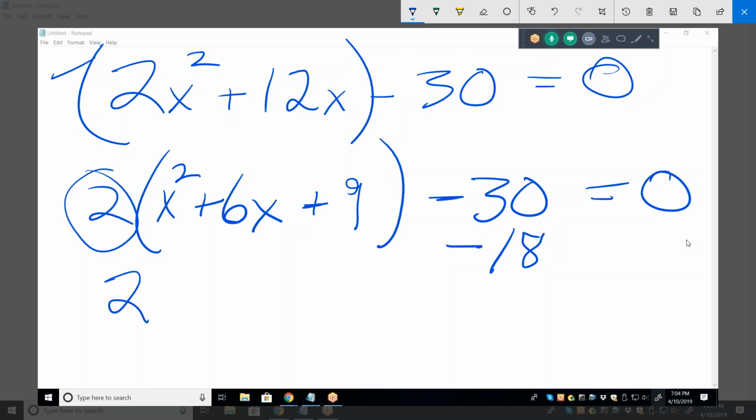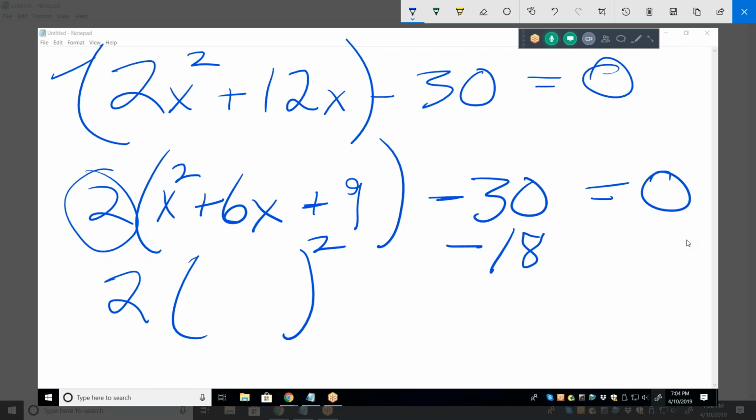Why do we complete the square? To make it a whole square, so it'd be a linear term squared. You can always do that when you've completed the square. That's why we do it. So what goes in the parentheses here?